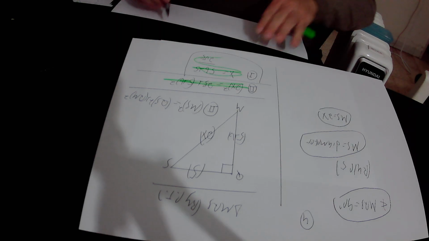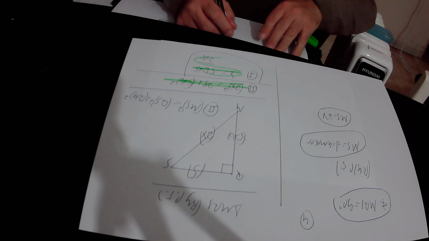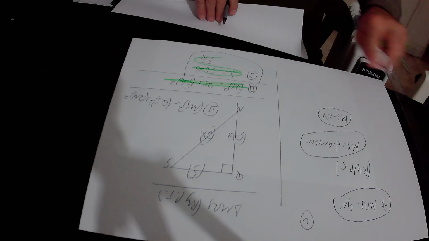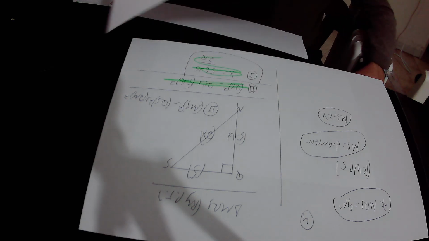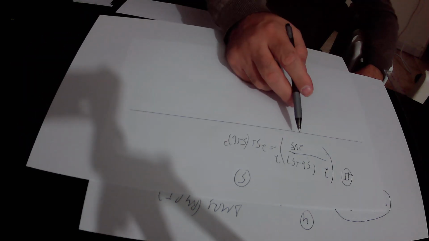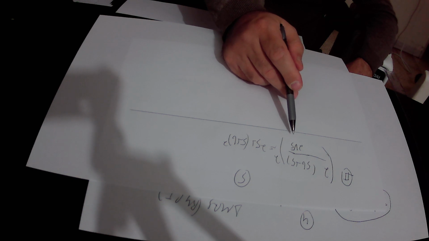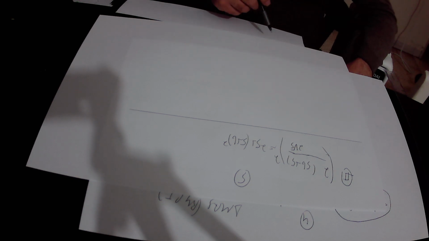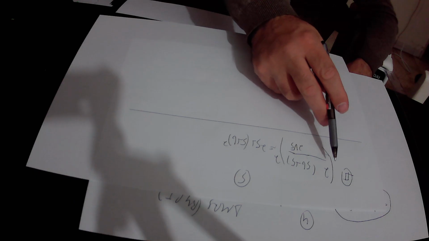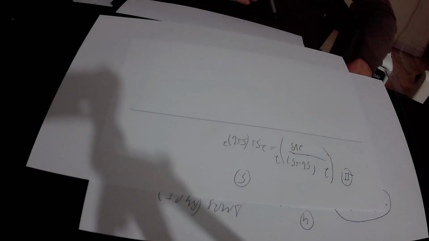I repeat again: in equation number 2 we have (2x) squared, so we substitute x here by (5b plus 5) over 2 times square root of 5. This expression in total equals (2x) squared.